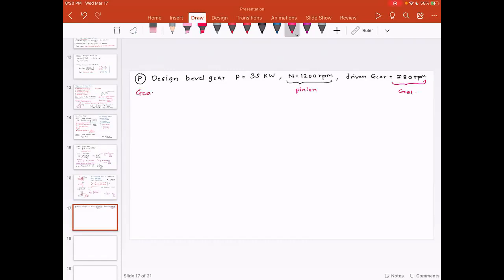The number of teeth on the pinion is 30. Pressure angle is equal to 14.5.